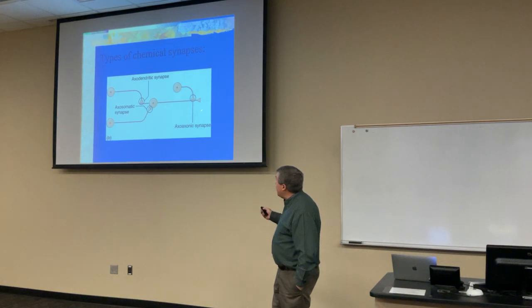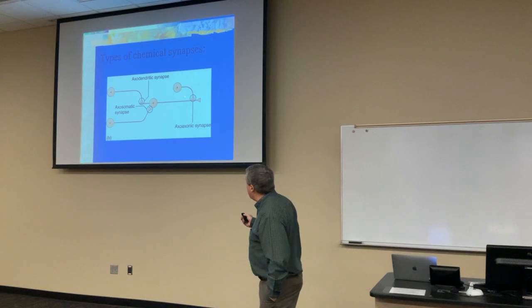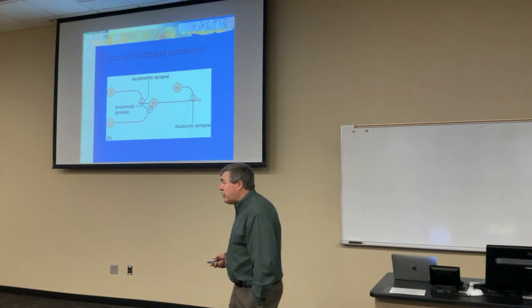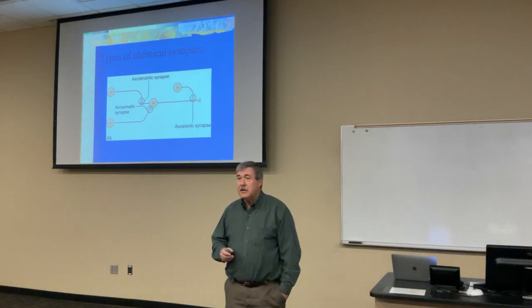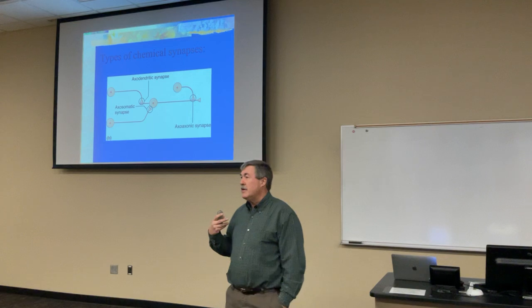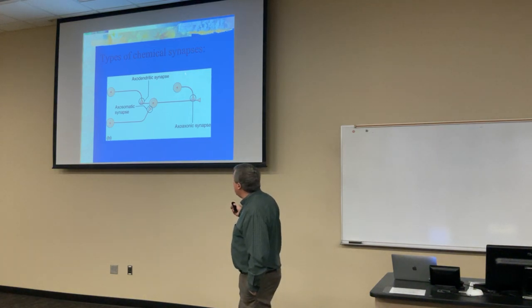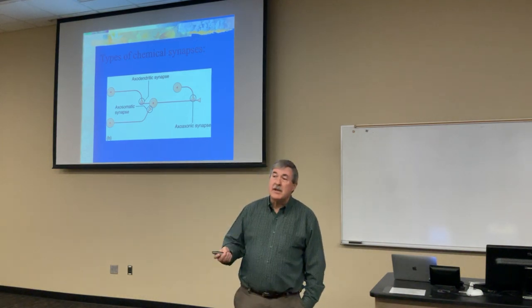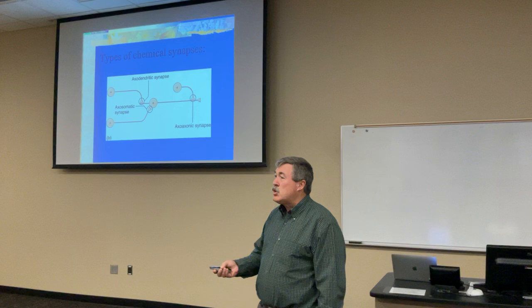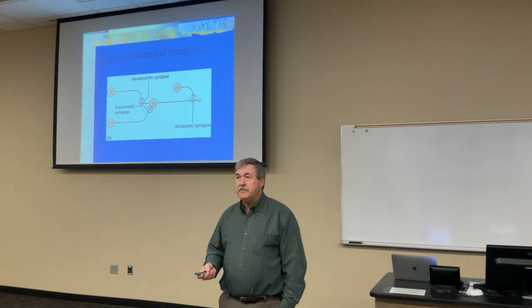Then there's a third type of synapse. This third type produces a different effect. It's called an axo-axonic synapse. This is very different. It's not the usual type of synapse. In an axo-axonic synapse, the axon of a presynaptic neuron synapses directly onto the axon of a postsynaptic neuron.